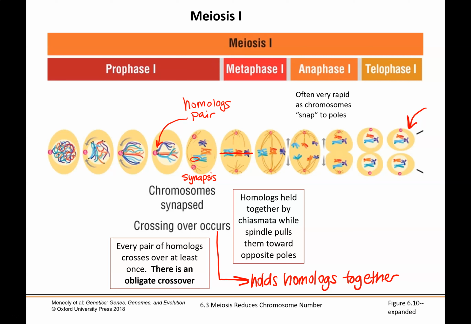Now, the result of that crossing over is that we now have genetically different daughter cells. So again, we'll talk about how crossing over does that in just a few minutes. But if you look at the resulting cells at the end of meiosis I, you see that each of those sister chromatids actually has a little piece of the other homolog. And that's how we get genetically different cells.